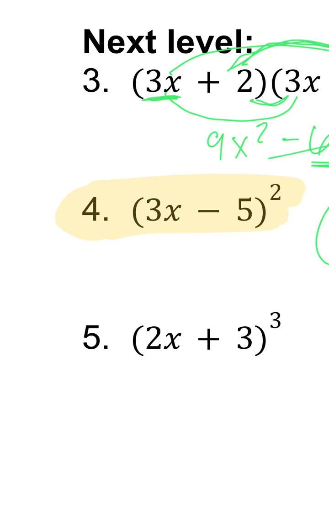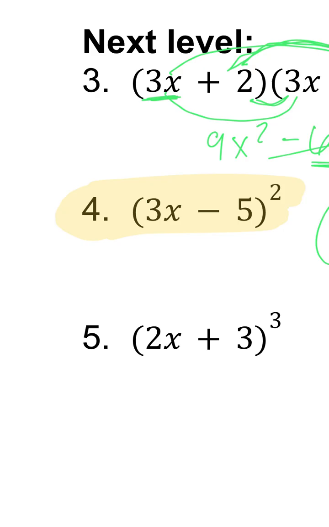So we have 3x minus 5 times 3x minus 5. And we can use the FOIL method here. So first you do 3x times 3x, which gives you 9x squared.